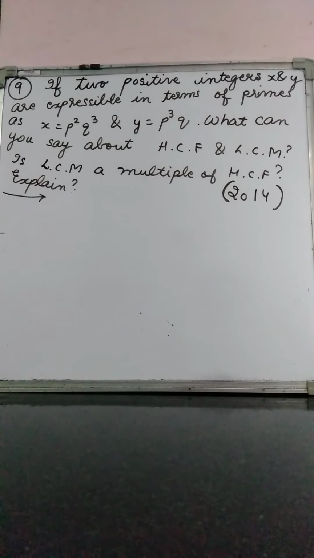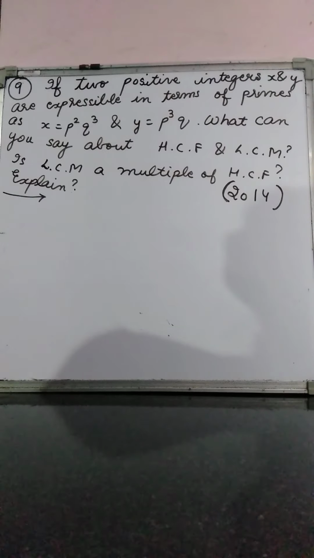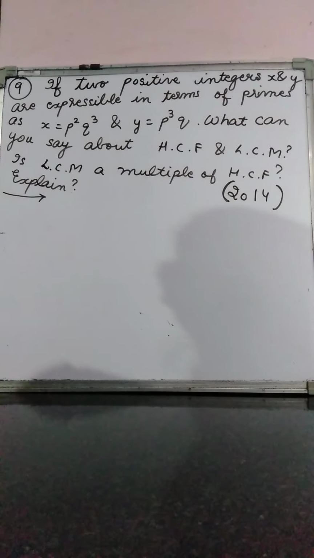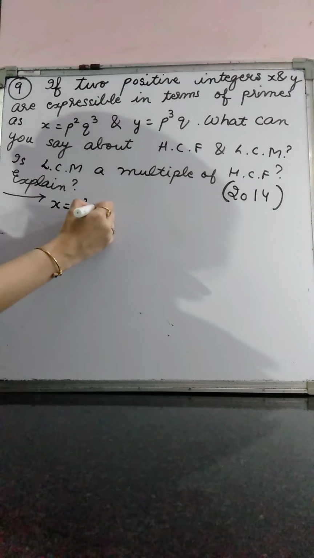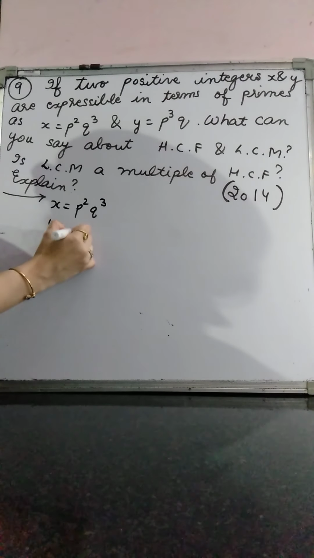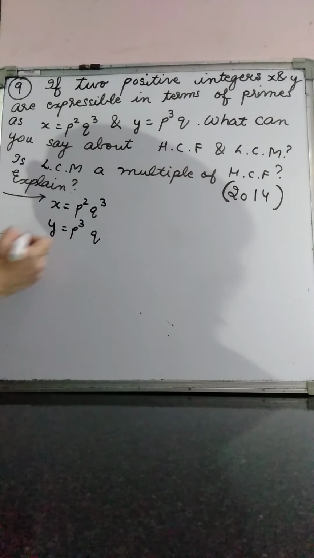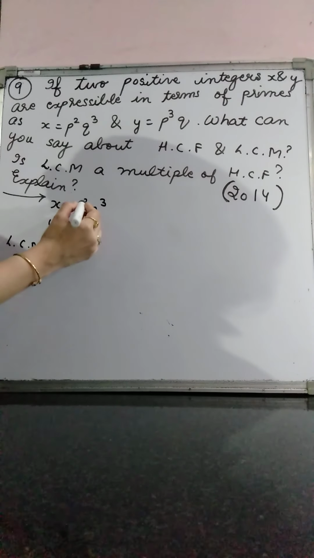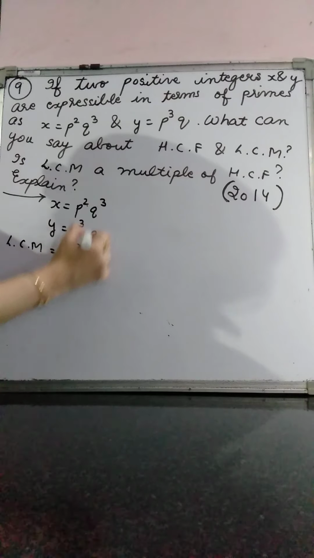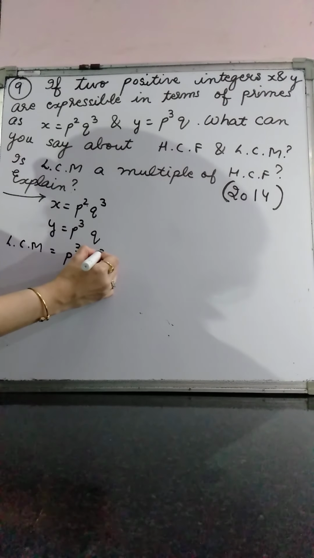Now the next question is, if two positive integers x and y are expressible in terms of primes, as x is equal to this and y is equal to this, what can you say about HCF and LCM? Is LCM a multiple of HCF? Explain. x is equal to p square q cube. y is equal to p cube q. As done before, for LCM, the highest power of p is 3 and the highest power of q is 3.